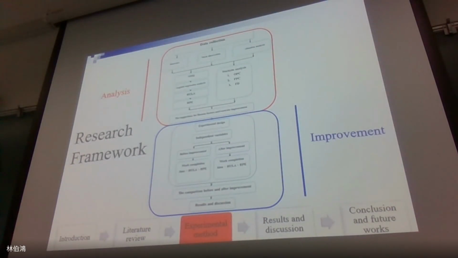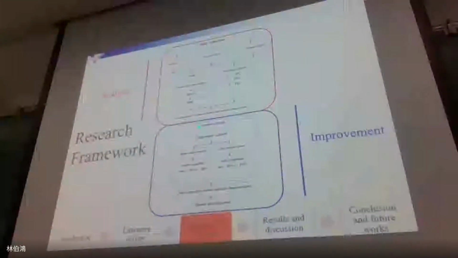If you have taken the work study course, you will know the operation process chart, the flow process chart, and also the flow diagram. Those are useful tools to analyze your operation and make some adjustment and improvement. So I also use some methodology from work study. And then we conduct the experimental design.